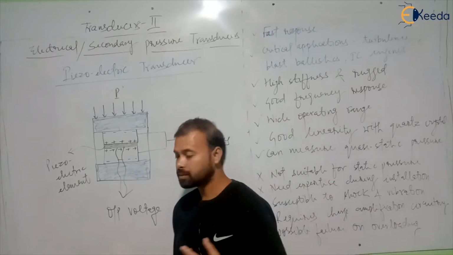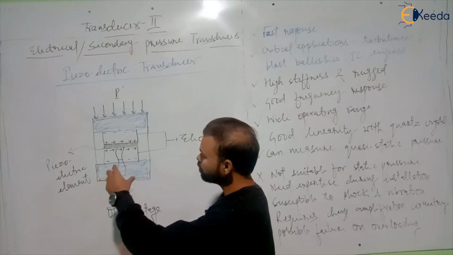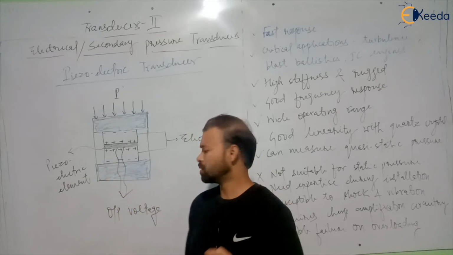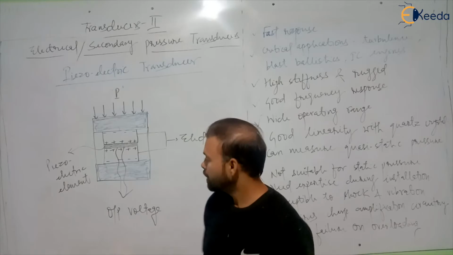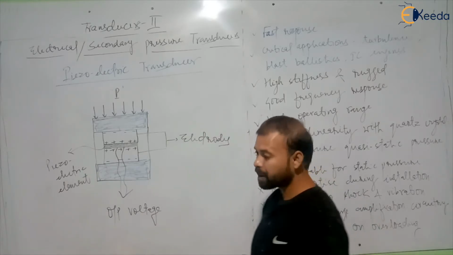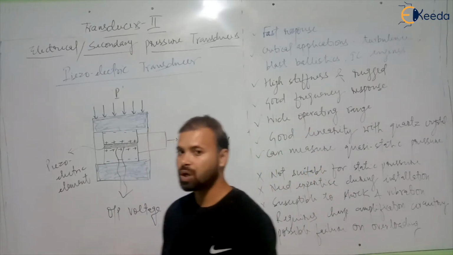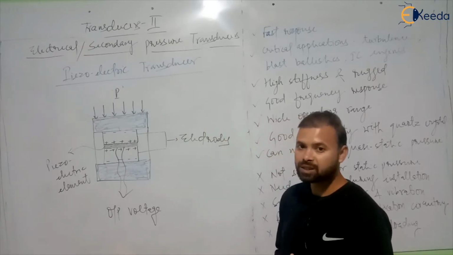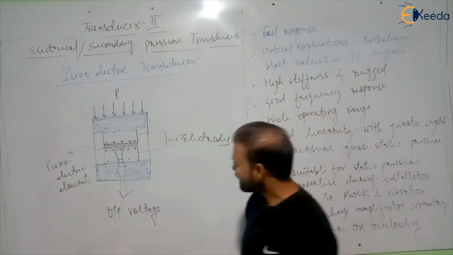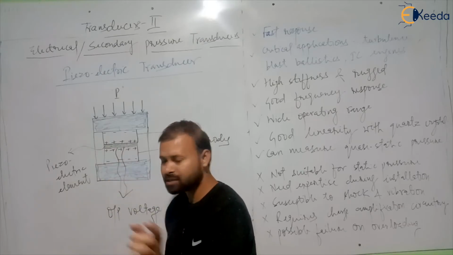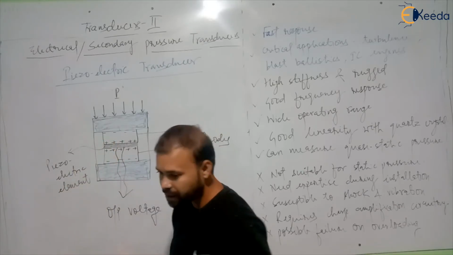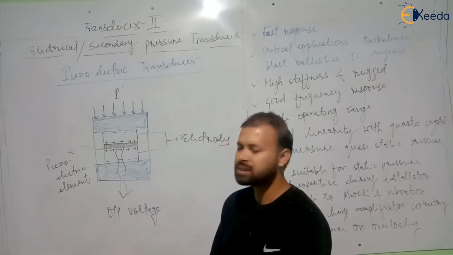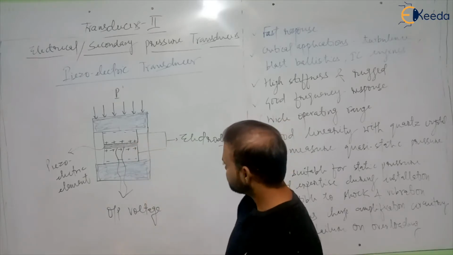This is because of the material property of the piezoelectric. Piezoelectric material is such that when some stress is applied on it, it generates voltage output, or it gets polarized, or it generates charge inside the material.